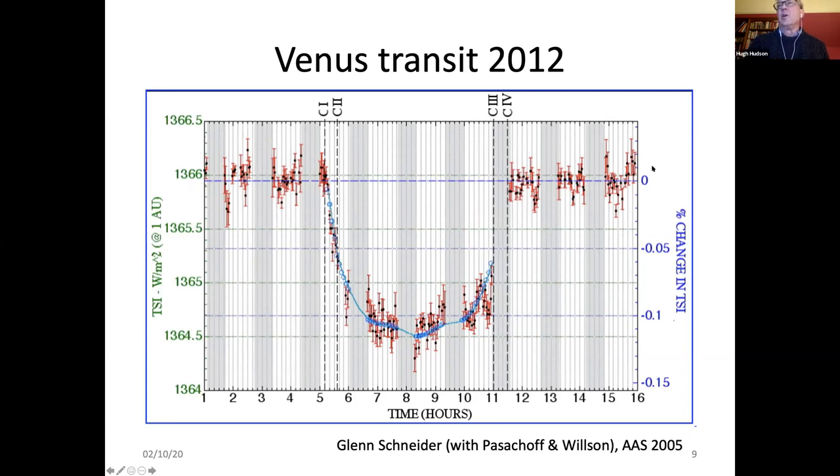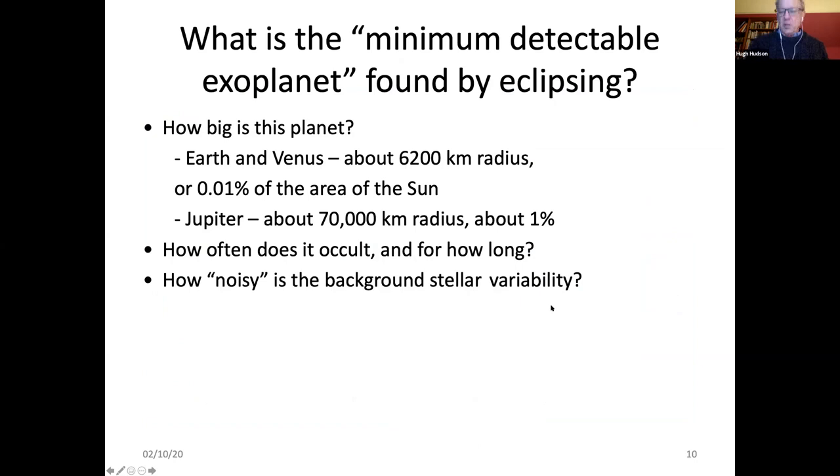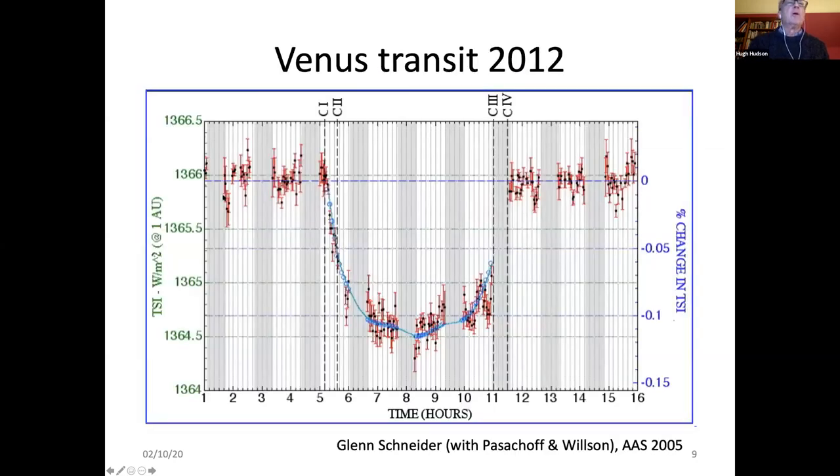And over here on the right, it's in fractions. You can see that over a period of 8 or 10 hours, the transit happens, and you can see this dip caused by that transit. The dip is about a 0.1% extinction of the sun. So it's not a very large effect.